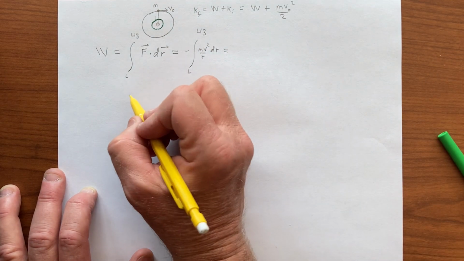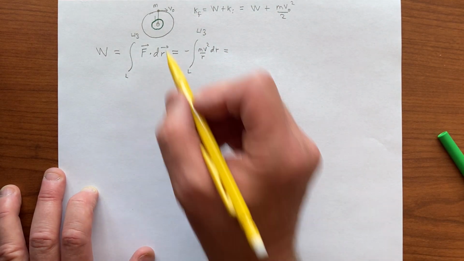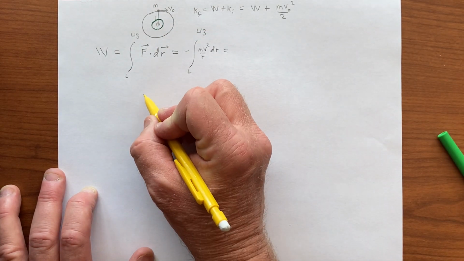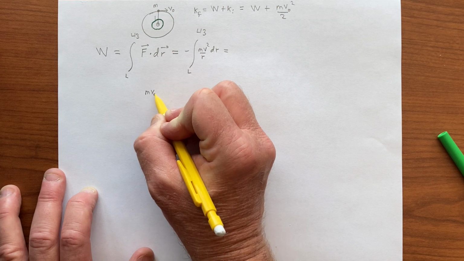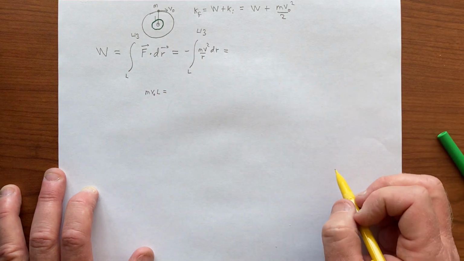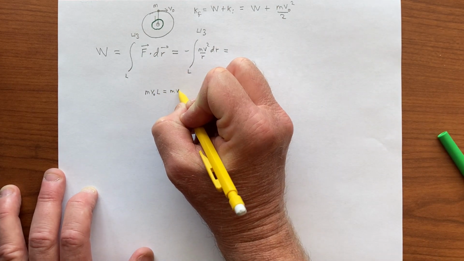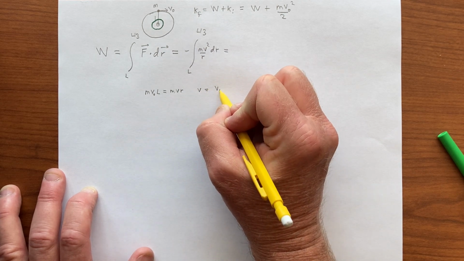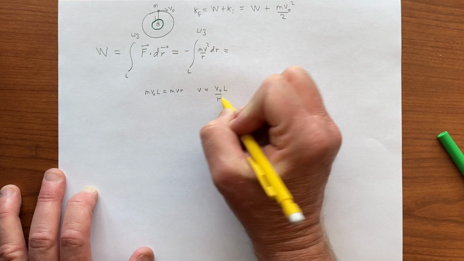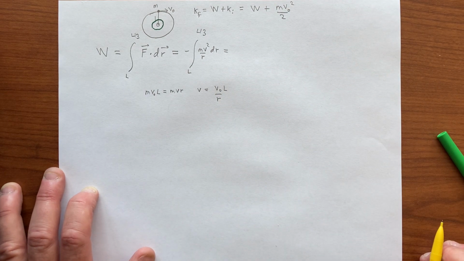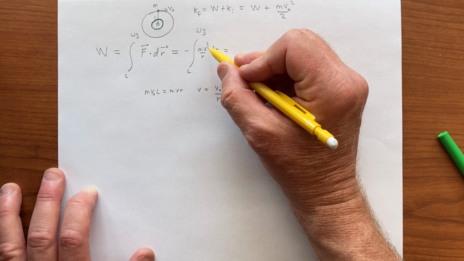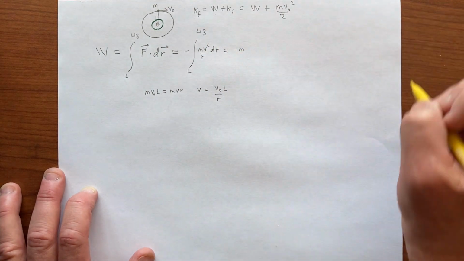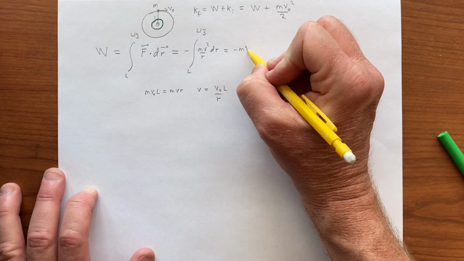And now we have to figure out the dependence on r of v, and that requires the other principle, which is constant angular momentum about this point, because there's no torque about that point. And so the angular momentum, which initially is m v naught L, has to be the same at all radii, so it's m times v times r, and so we can conclude that v is equal to v naught L over whatever the r value is. And so we'll plug it into this, and we'll get a minus m v naught squared.